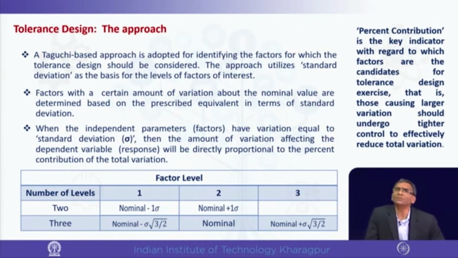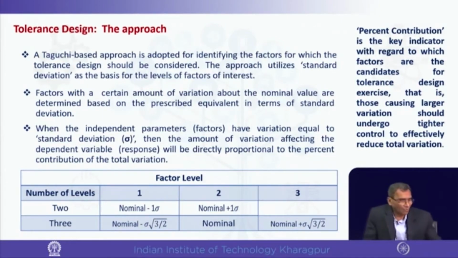There may be some other factors which have very limited or minimal effect. There we need not do anything because they are not contributing to the outcome. So, identifying those factors is important, and that is done through a concept called percent contribution, which is the key indicator of which factors are the candidates for the tolerance design exercise. That is, as written here in bold on the right side, those causing larger variation should undergo tighter control to effectively reduce total variation.